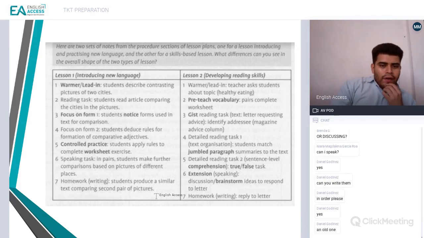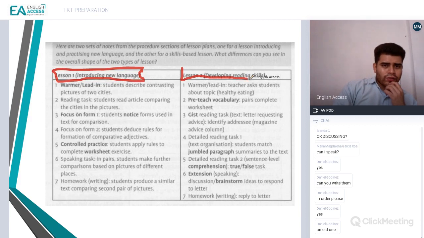See, if you look on the board, we have lesson 1, that is for the language, and we have lesson 2, which is developing the reading skills.